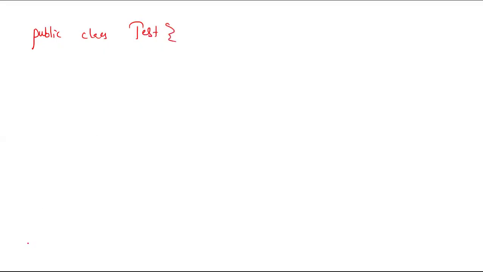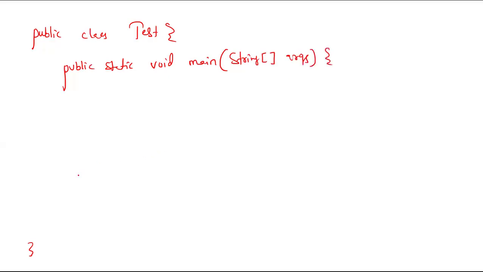This is the class opening and closing. Inside this, for any Java program to execute, we have to use public static void main. Why we should use it, we'll understand as we move on. So here String square brackets, args, then an opening curly brace to start and a closing curly brace to end.